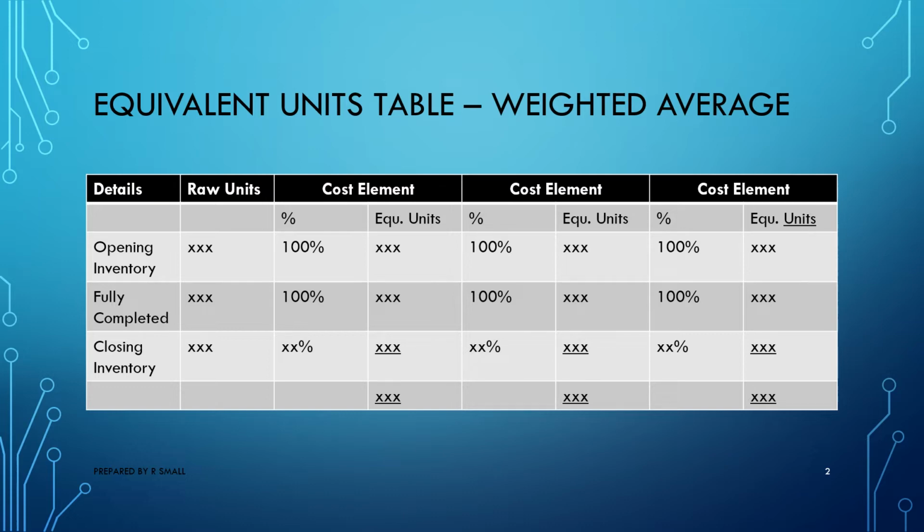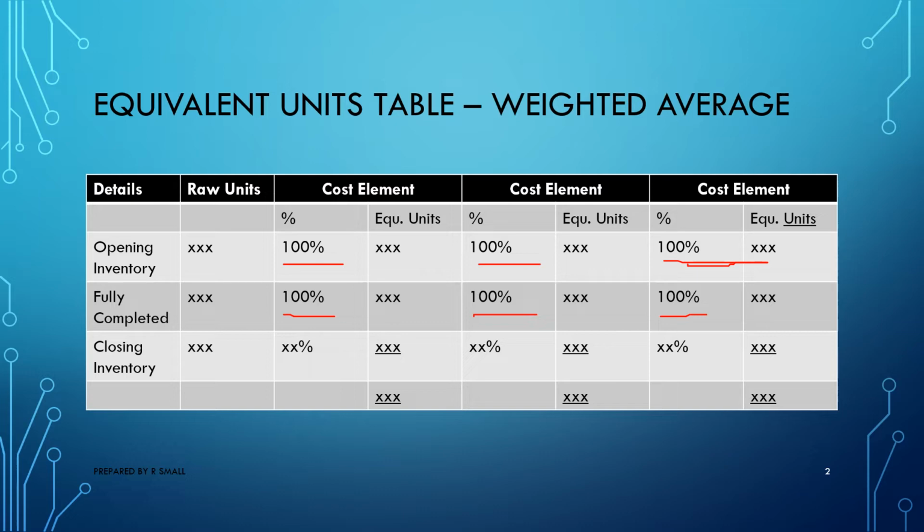So here you will see that our opening under the average cost method is 100% complete in each stage, and similarly for fully completed, the degree of completion is 100%.